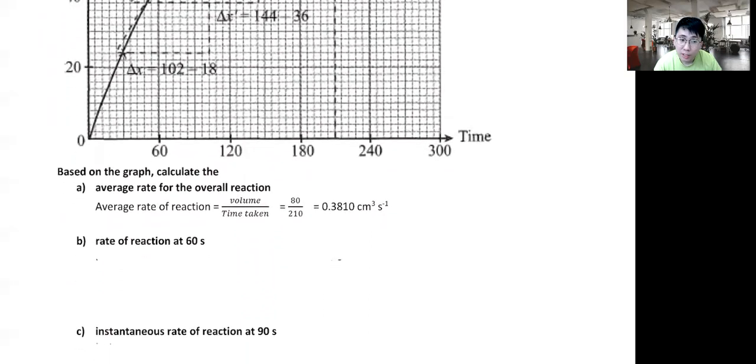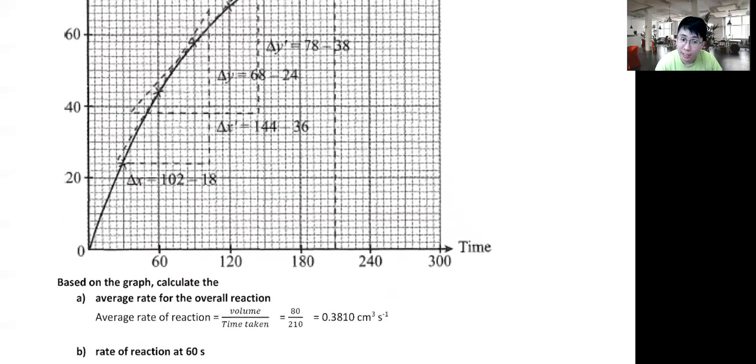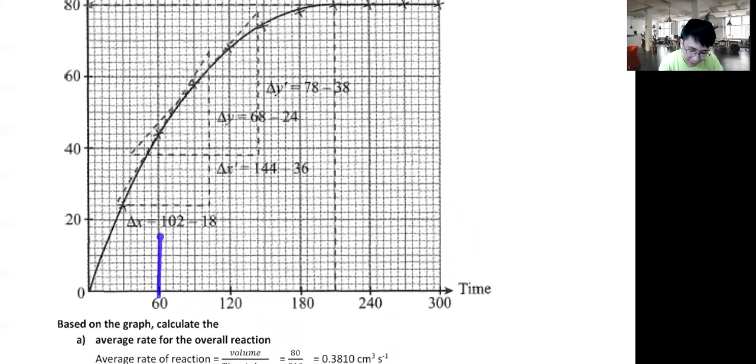But from B onwards, they say rate of reaction at 60 seconds. Do you see this is a specific number, specific time? There you have to actually draw a tangent line. So go to 60 seconds there and draw a tangent line. Do you see this tangent line? Do you see the label for you also? The tangent line is actually 102 minus 18 and 68 minus 24.